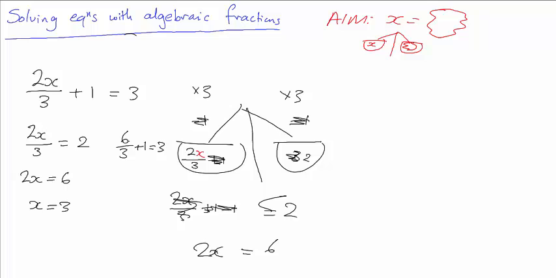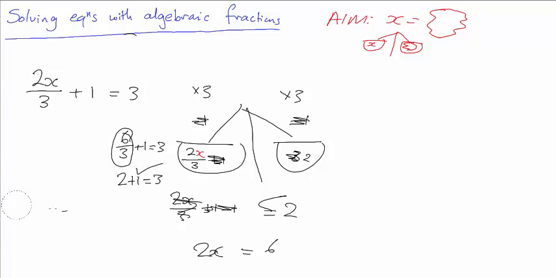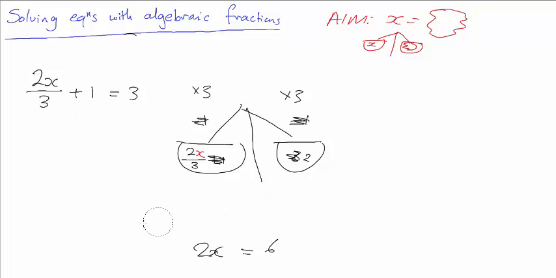Well, 6 over 3 is 2, plus 1 is, of course, 3. So this is correct. Now, why I said to start off by taking away 1: as you can see, that's a pretty easy thing to do. Easy enough anyway.